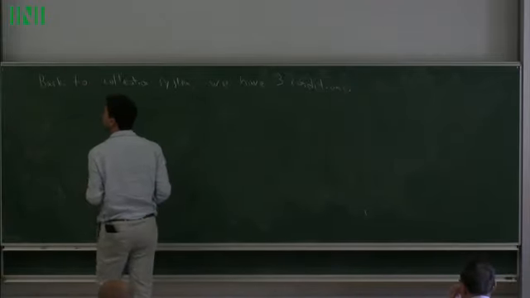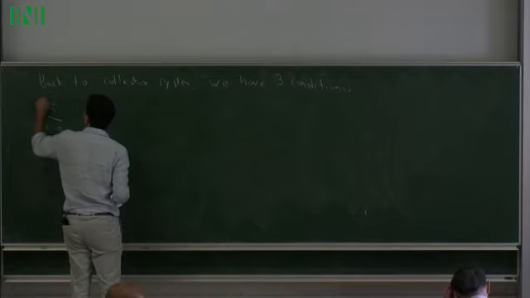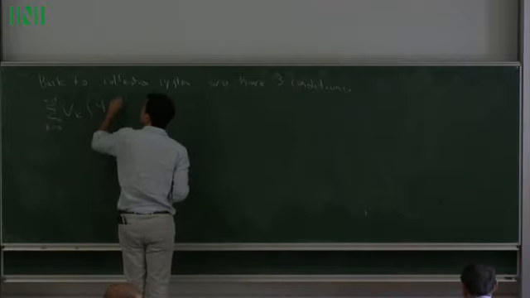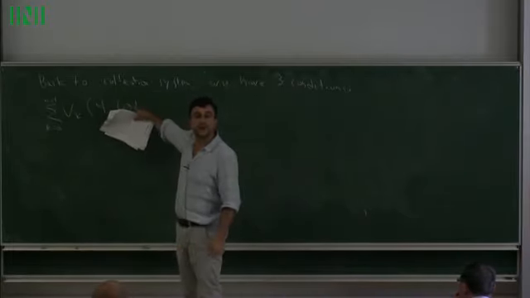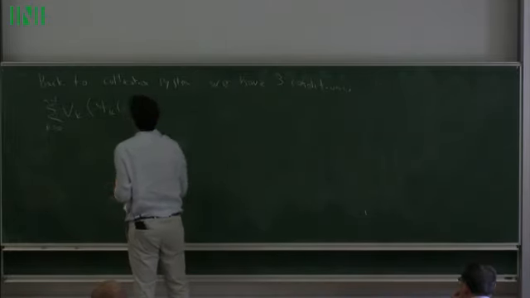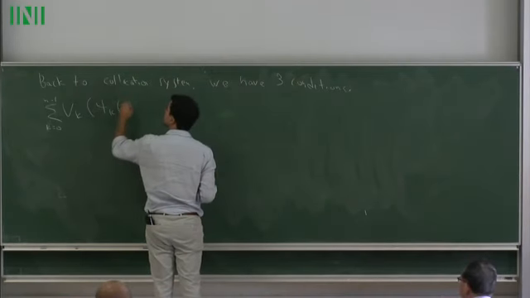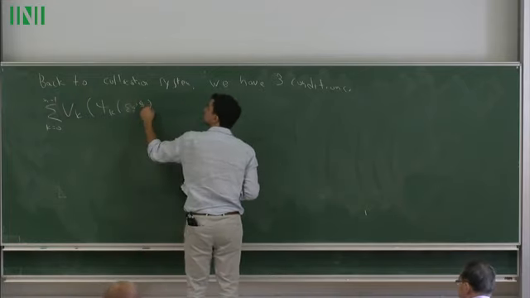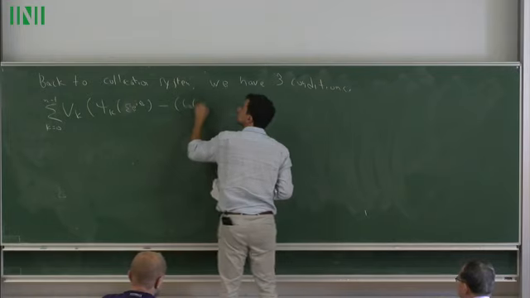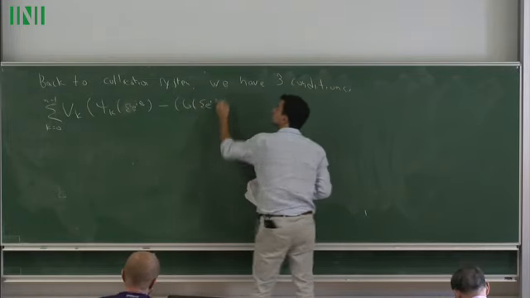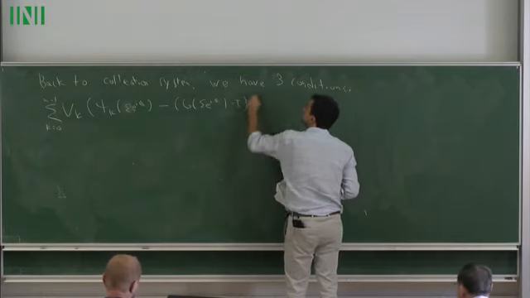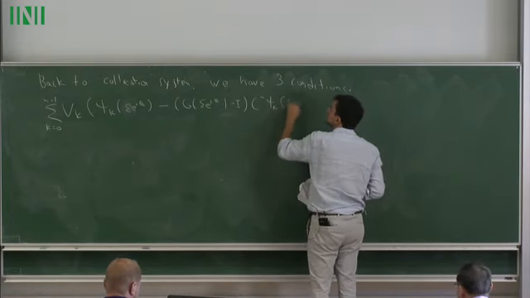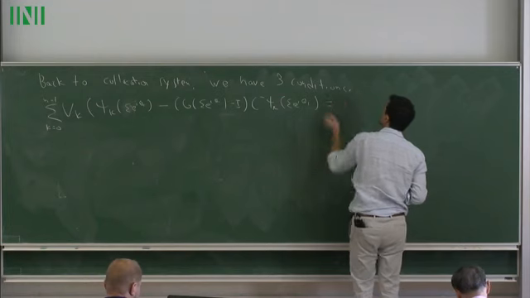So we have 3 conditions. We have the sum from k equals 0 to m minus 1, vk psi k at 0, which is just the junction point, at epsilon e to the i theta 1, is equal to whatever the right-hand side is.